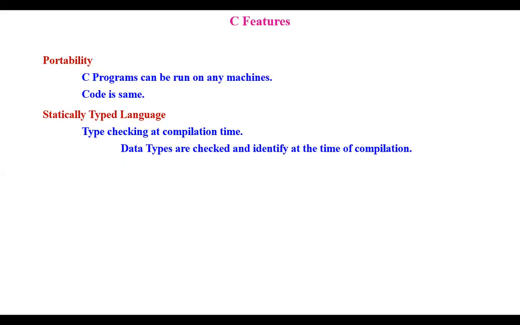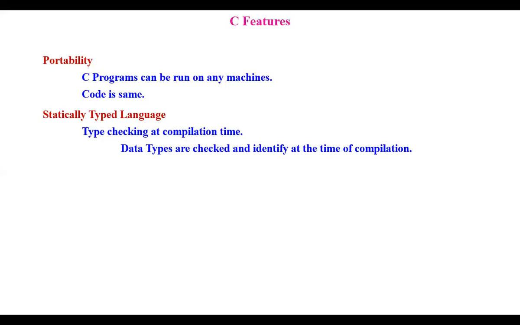Why it happens is, suppose we have two types of data. One is a character, and another is a number. Suppose we want to add two numbers, 3 plus 4 or some a plus b. This a and b must be number type. Then only we can add. Suppose a is a number type and b is a character or some other variable.